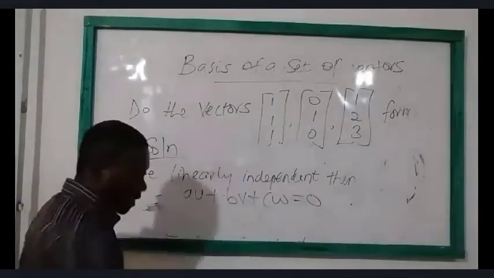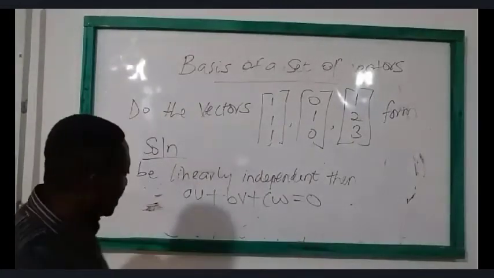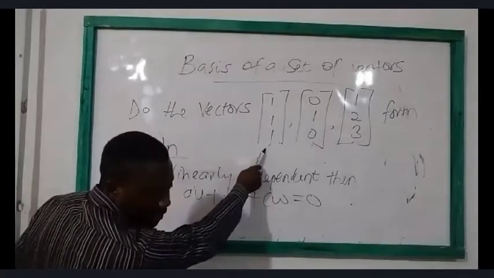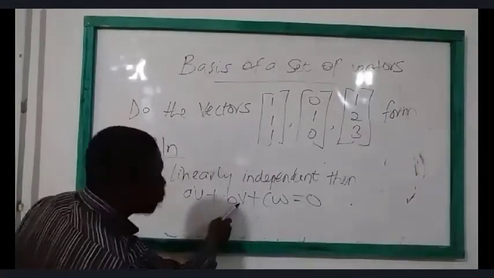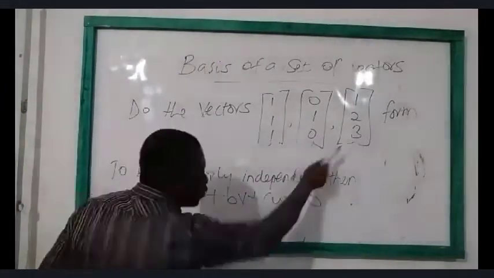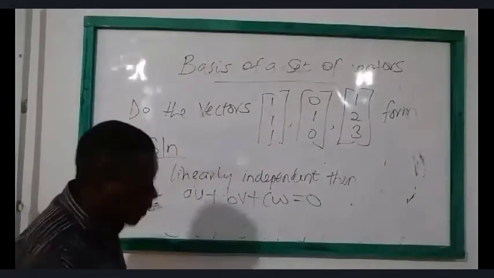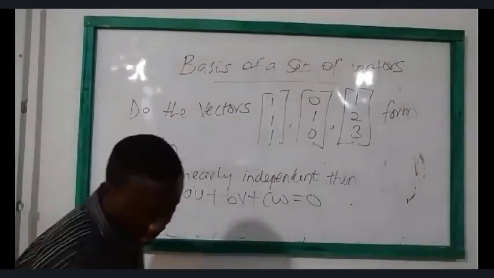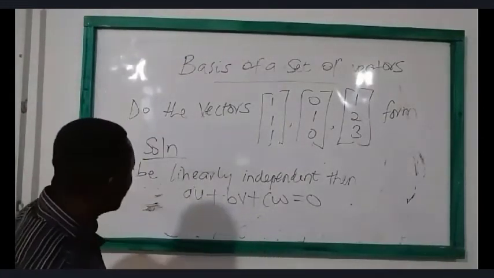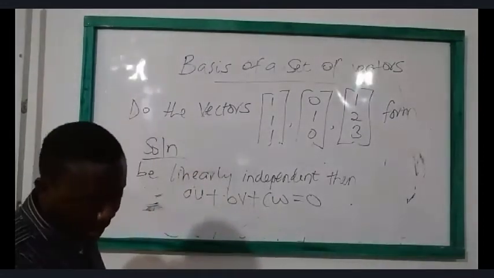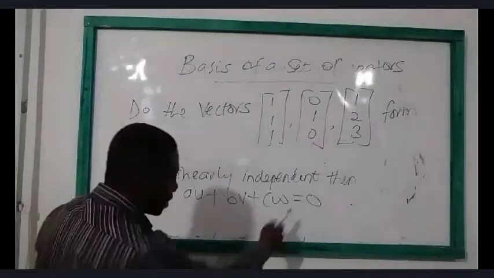So for this set of vectors to be linearly independent, the U there is representing the first vector, the V is representing the second vector, and the W is representing the third vector. Then A, B, and C are the unknown scalars, and it should be equal to the 0 vector.